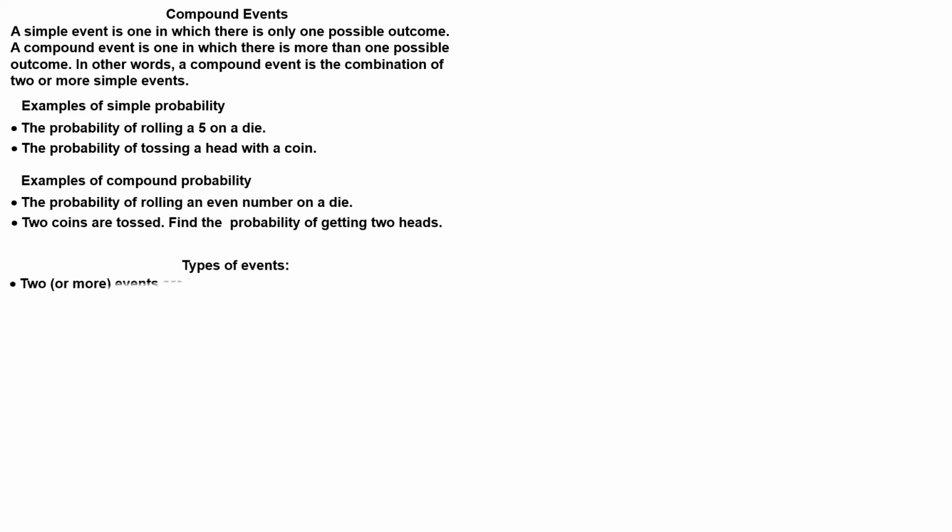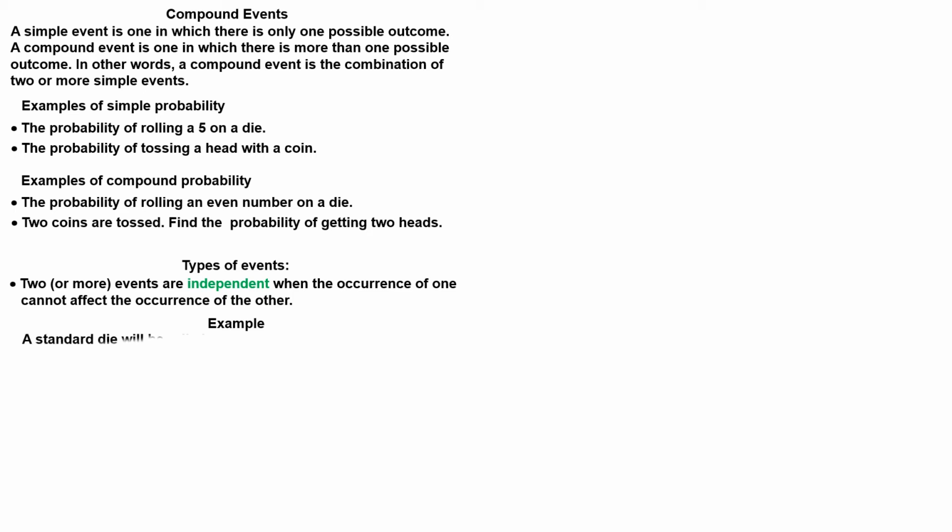2 or more events are independent when the occurrence of one cannot affect the occurrence of the other. Example. A standard die will be rolled twice. What is the probability of getting 3 on the first roll and 5 on the second roll?